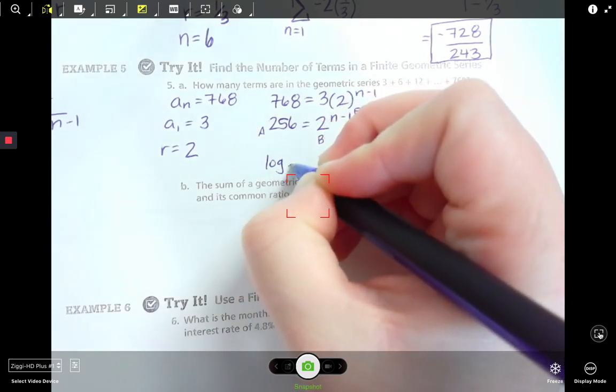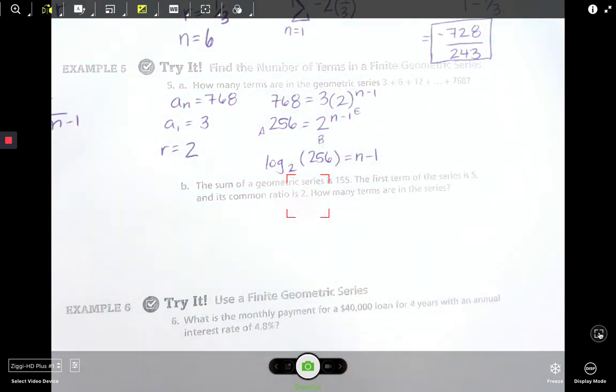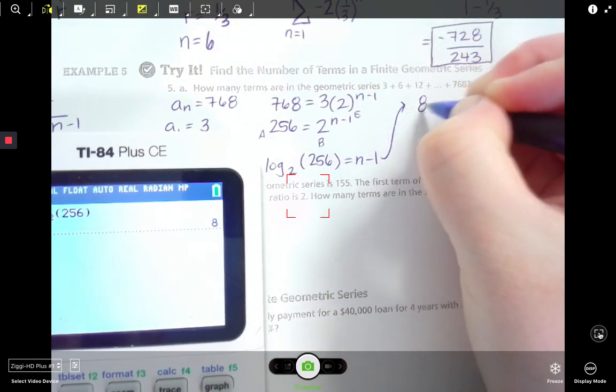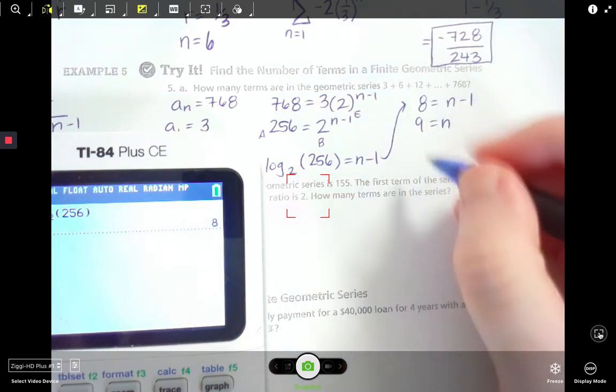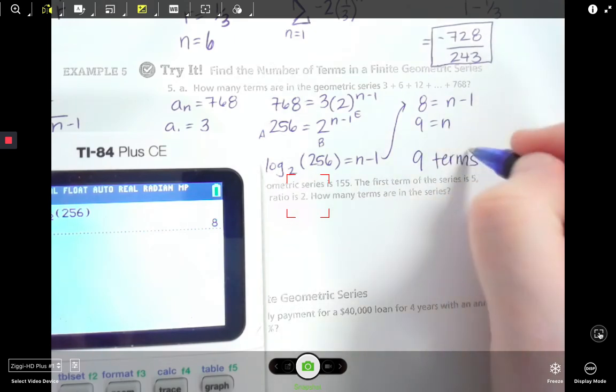So log base 2 of 256 is equal to n minus 1. Log base 2 of 256 is 8, so I've got 8 is equal to n minus 1. Add 1 to both sides, you get 9 is equal to n. So that means we have 9 terms in that series.